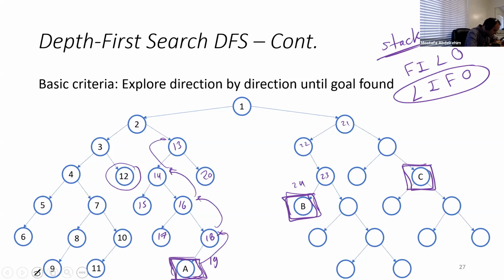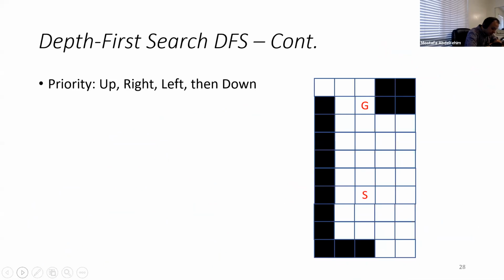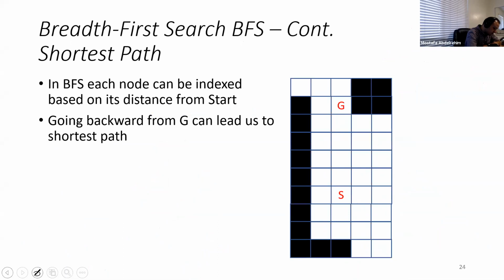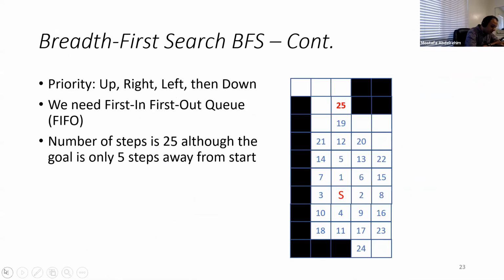Okay, let's take an example with a grid or map like this. This is the same example that we did for breadth first search. With breadth first search, I believe we reached the goal at step number 29. We can check this very quickly right now. 25.